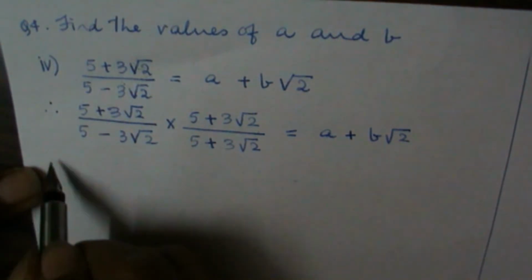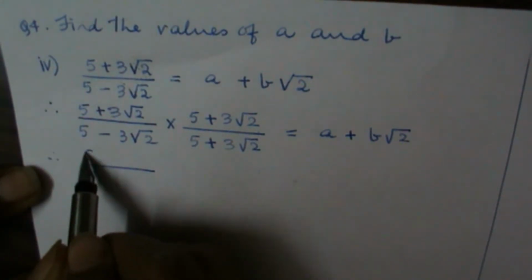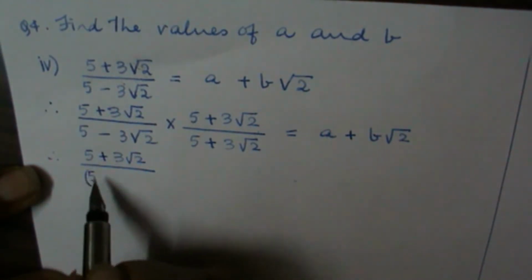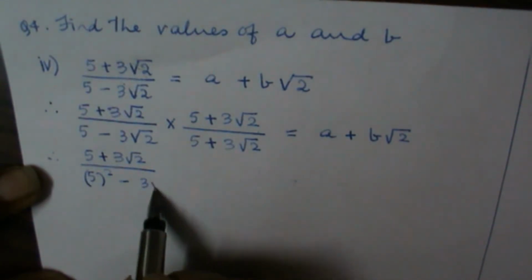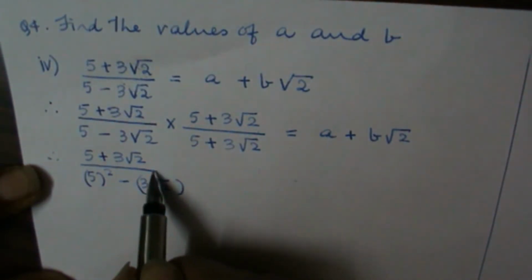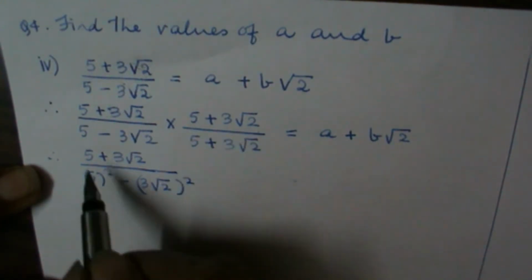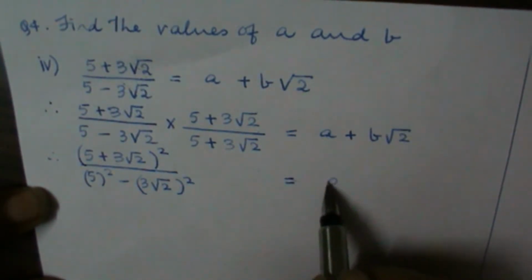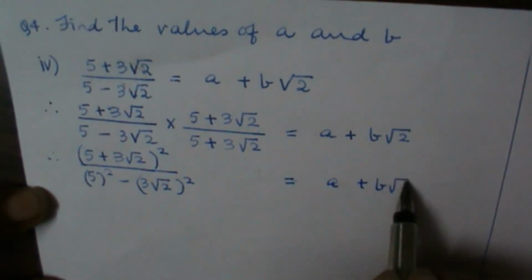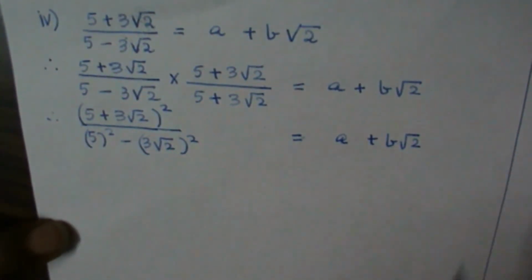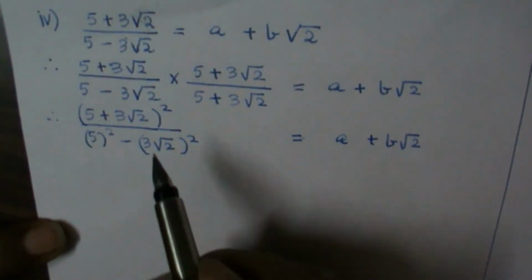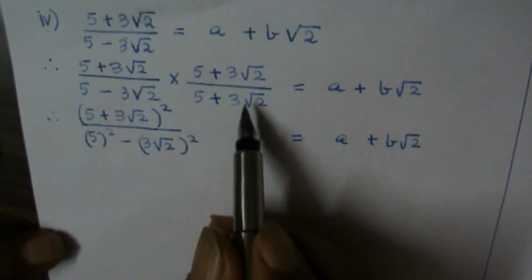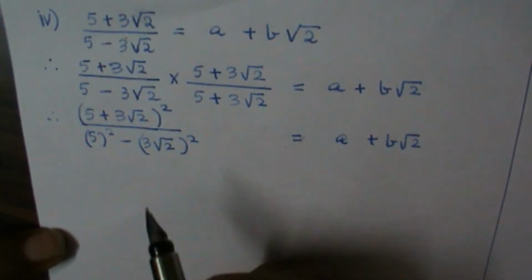And so therefore I will have (5 + 3√2)² upon 5² − (3√2)², and in the numerator there are 2 brackets, so we put square, and that's equal to a + b√2. Now, which rule did we use over here? (a − b)(a + b) gives a² − b².